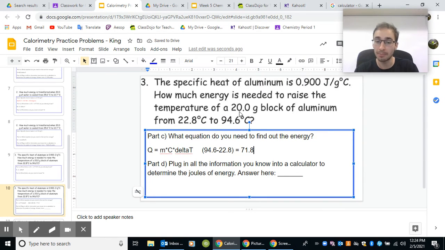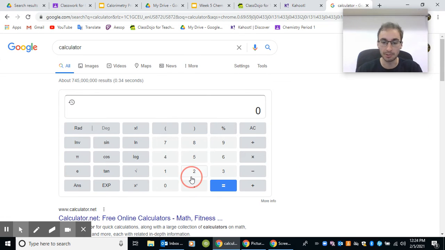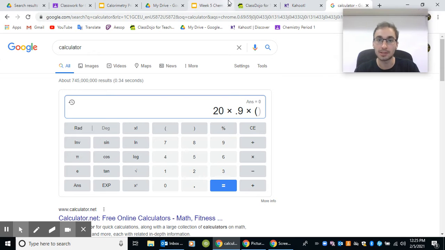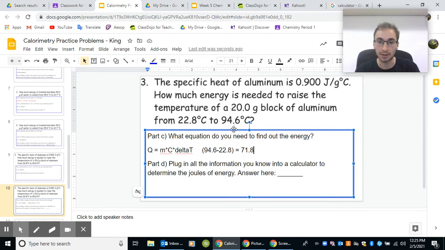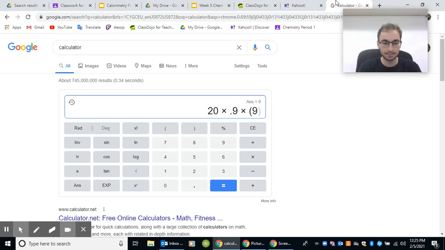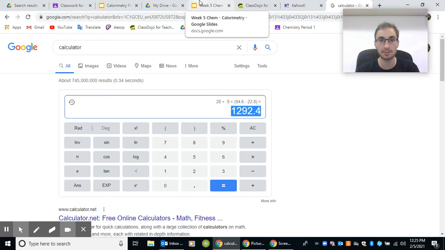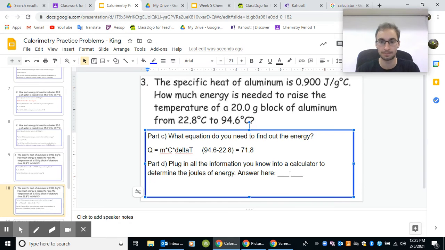And then we know M is 20 and C is 0.9, so you multiply 20 grams times 0.9 times 71.8. Your final answer should be 1292.4 joules. Cool, so that's number 3.